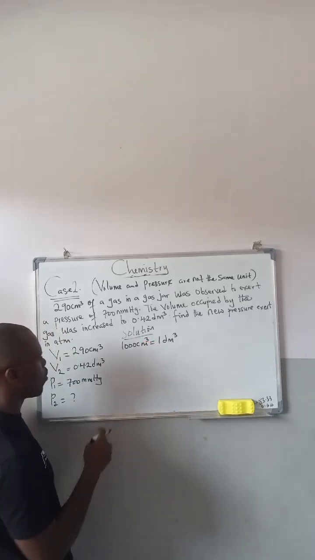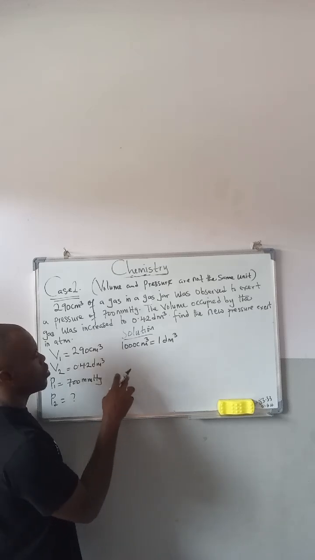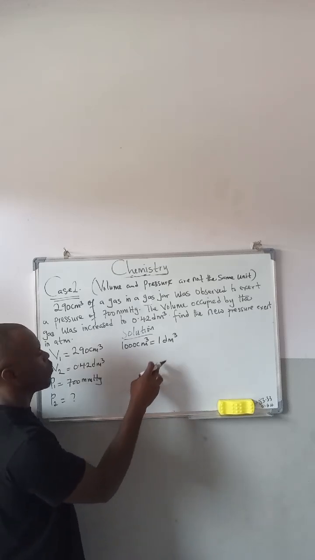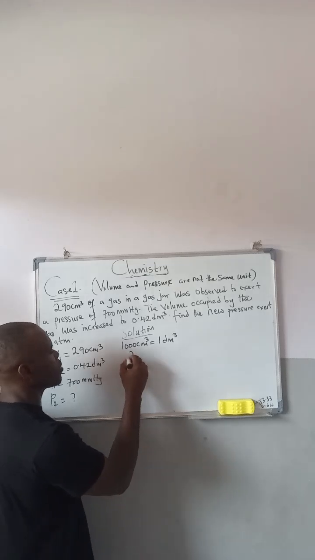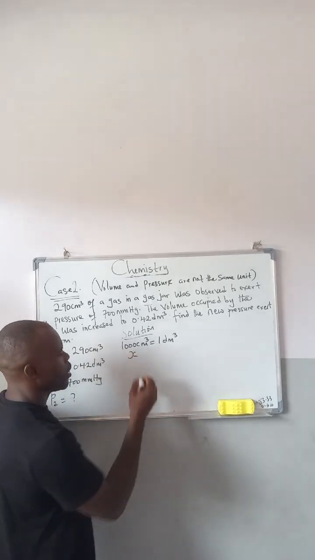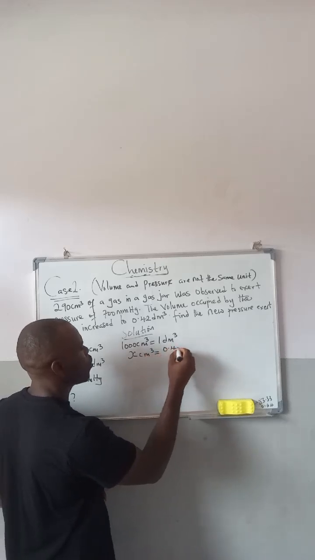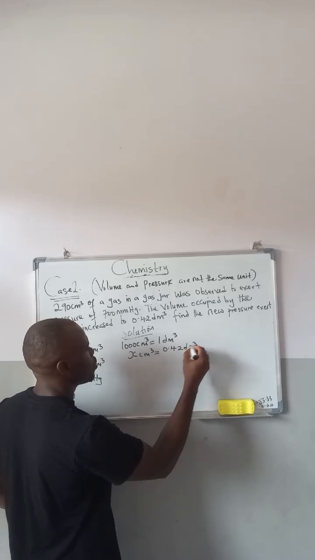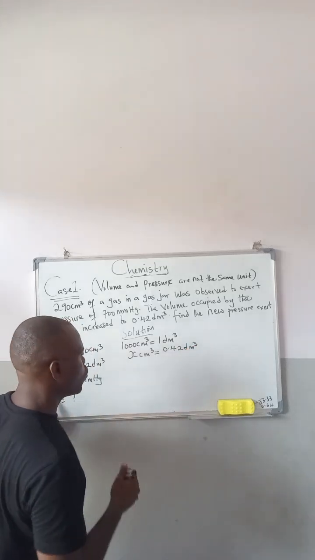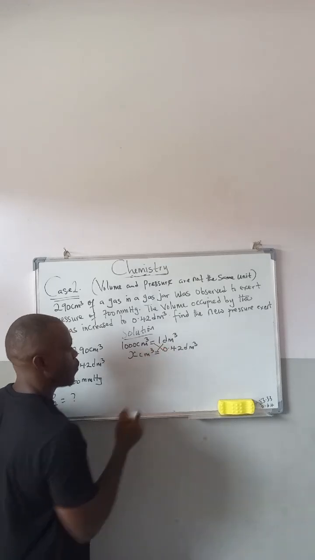So now we want to convert to cm cube from dm cube. Let's introduce our unknown: x cm cube equals 0.42 dm cube. Are you with me? So we cross multiply.